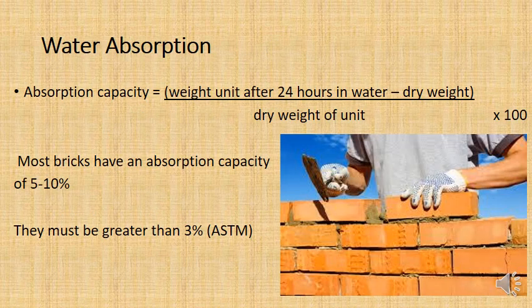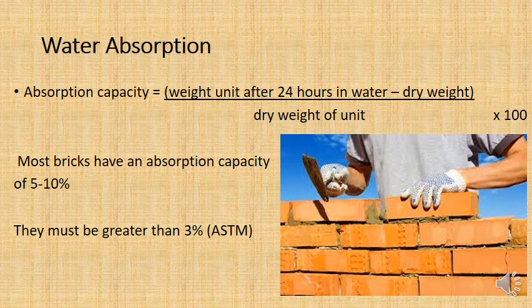Now, remember the absorption capacity. This is basically a measure of porosity. We did this with aggregate and concrete. It's basically the weight after you have soaked the brick in water for 24 hours, and then you wait for the surface to dry.